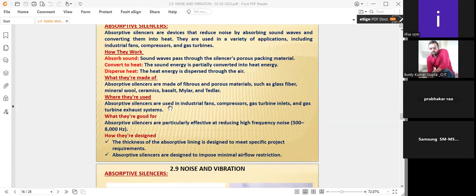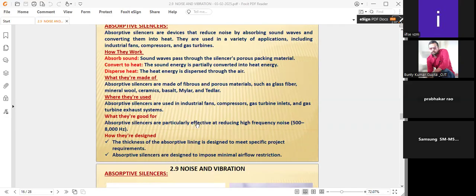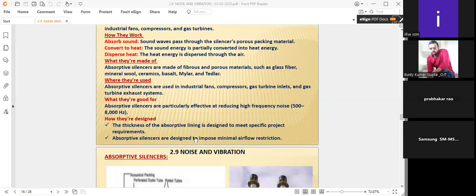Where the airflow is more, the heat is dissipated to prolonged areas. That's why, in a system where the airflow is minimal, you have to adopt this absorber, because they absorb sound waves but emit heat. If you have more airflow, the heat is spread throughout the workplace area.